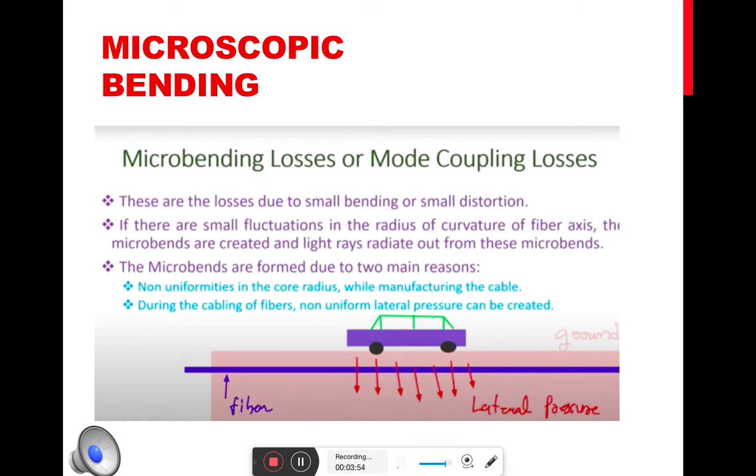Due to this lateral pressure, there can be small bending in the optical fiber. Because of this small bending, the signal radiates out, hence there will be some losses. Such bending is called microscopic bending, and the losses that arise due to it are called microscopic bending losses or mode coupling losses.